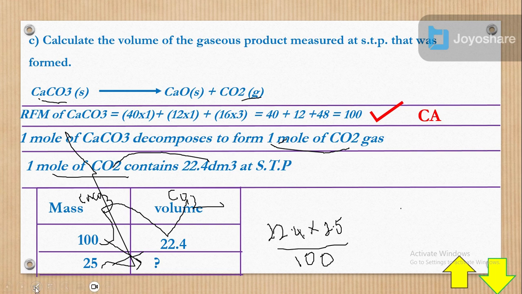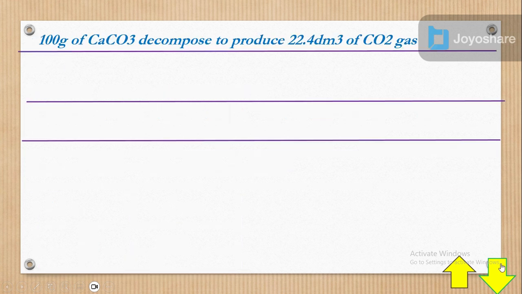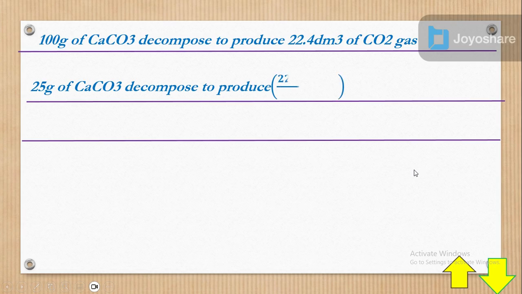Allow me to resolve this. So 25 grams of calcium carbonate will be, now you multiply.